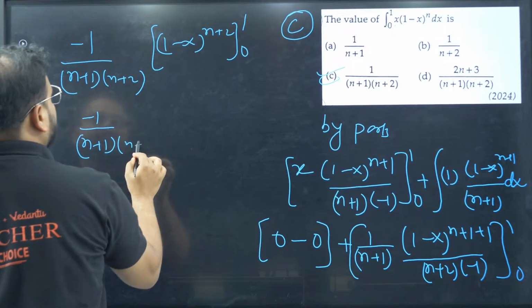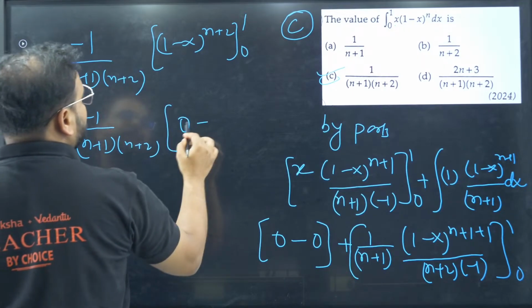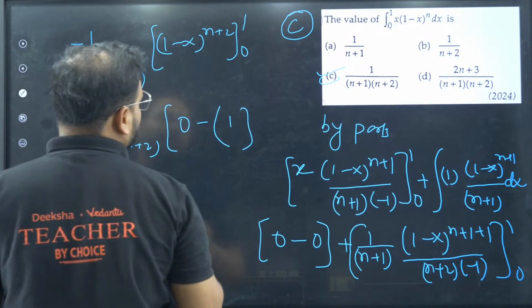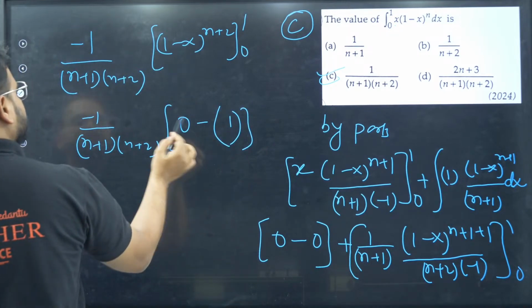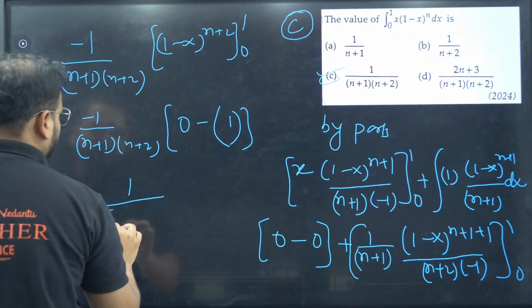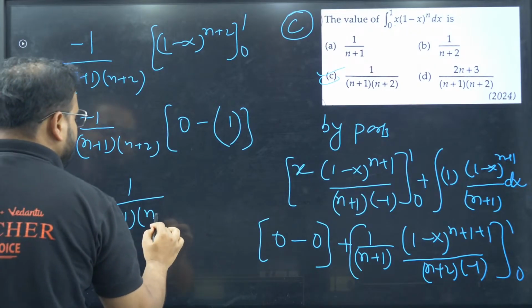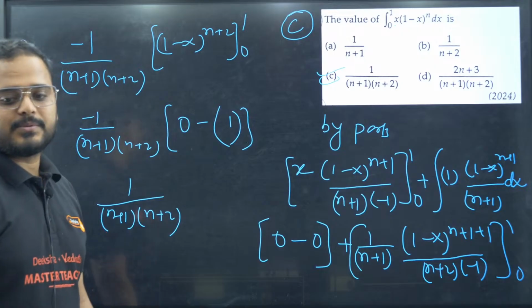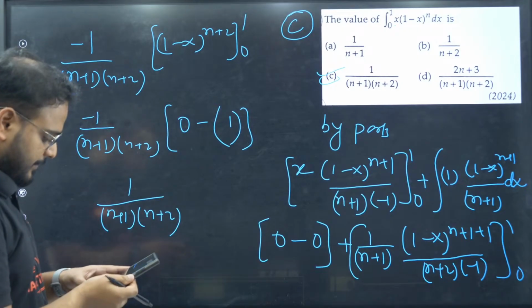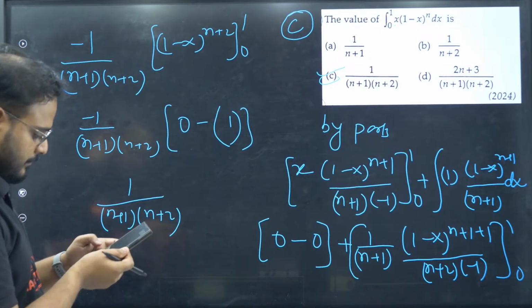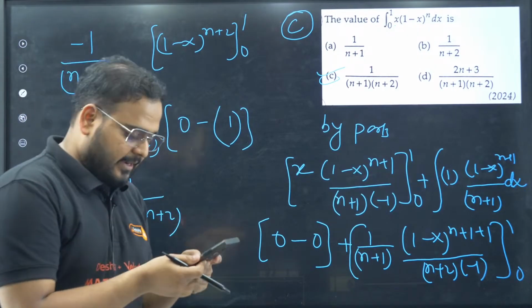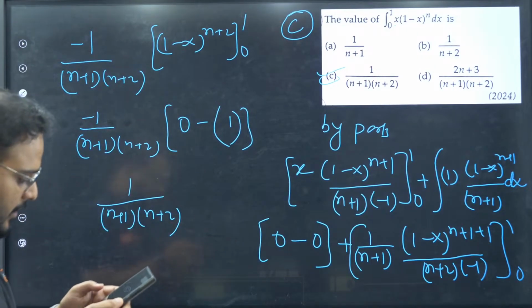Put here 0, you're going to get 1 over here. So you'll have, please check, minus 1, which will make this positive. The answer will turn out to be 1 upon (n plus 1)(n plus 2), as Gautam Chauhan gave me, the first option. C is right. Option C is correct. Yes, correct. All right.